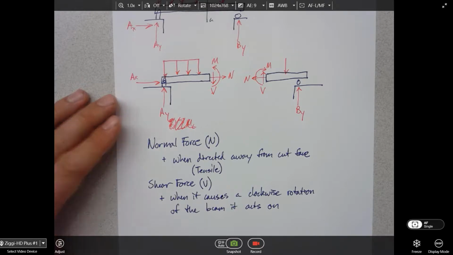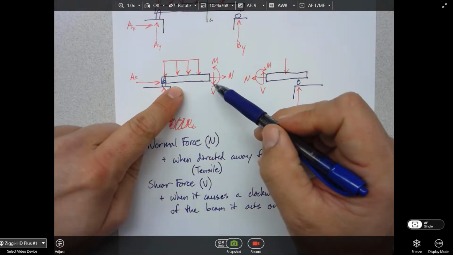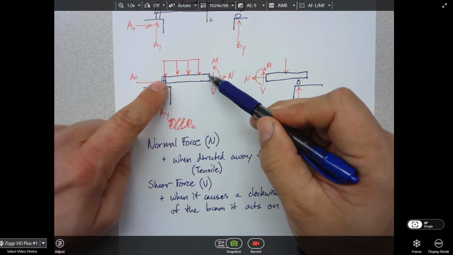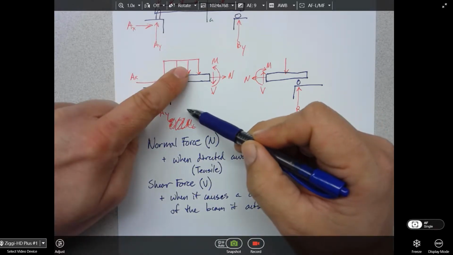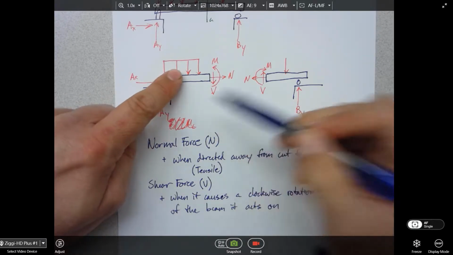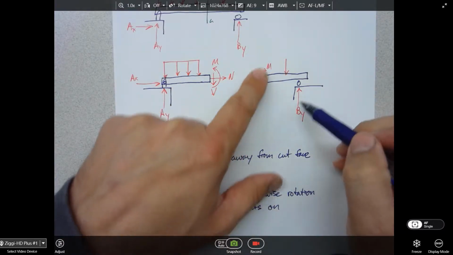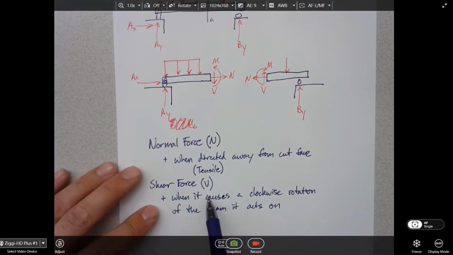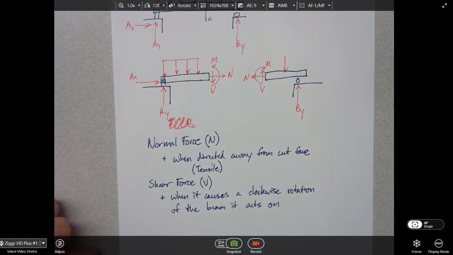Okay. So what does this mean? If we look at the left-hand portion, V is pushing down, right? Which would cause the beam to spin in a clockwise motion, right? Over here, V is pointing up, which would also cause the beam to spin in a clockwise motion. Okay, so this is considered a positive shear force, one that causes a clockwise rotation of the beam.